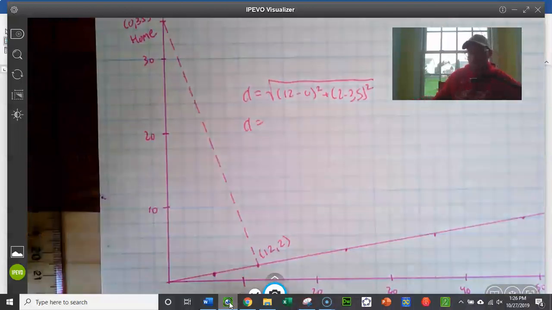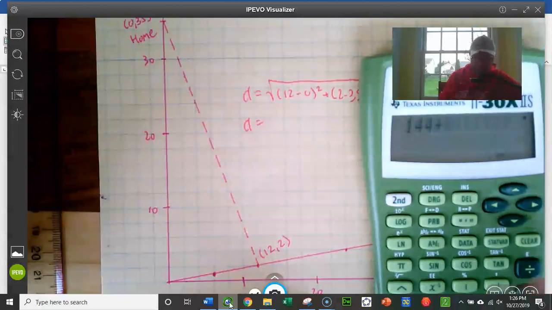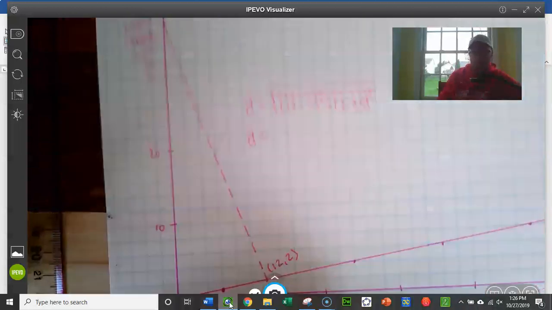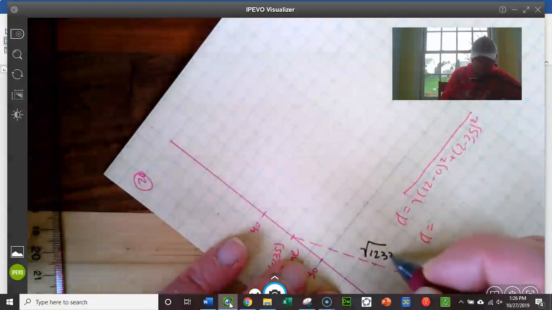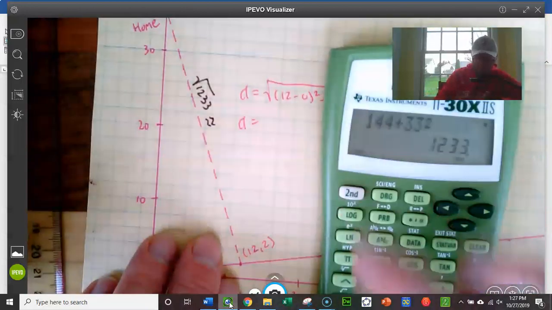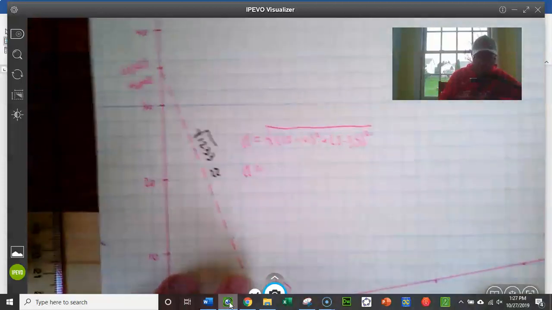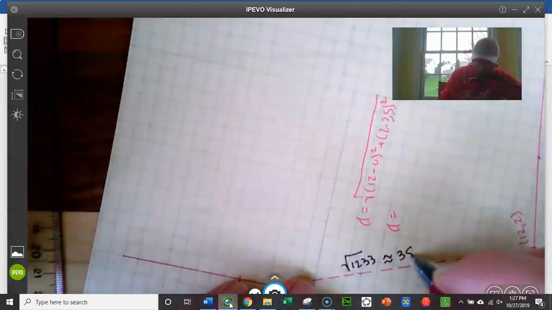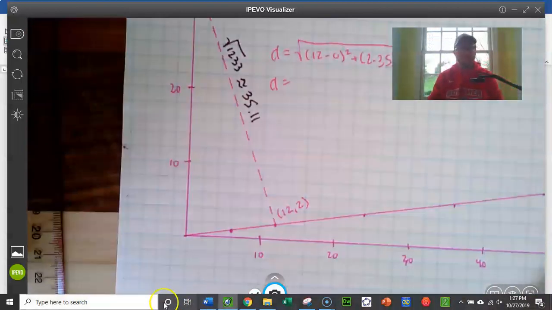All right, so that's 144 plus 33 squared, 1,233, which is approximately equal to the square root, second answer, 35.11. All right, pause here.